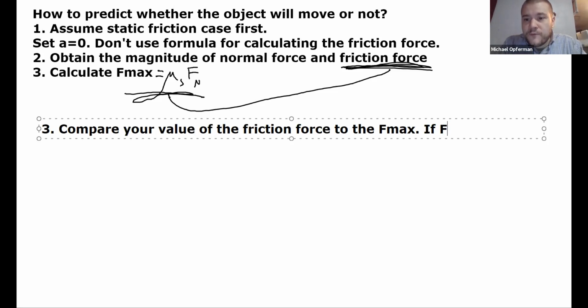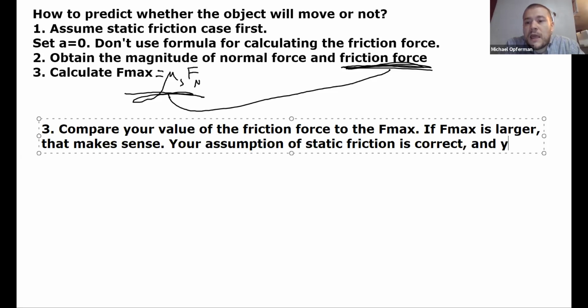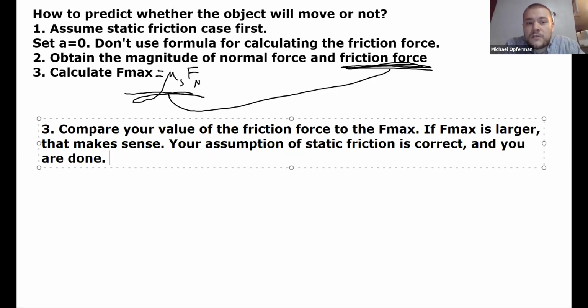If F max is larger, that makes sense, because F max is the largest that value can possibly be. The maximum should be larger than the actual value. So if F max is larger, your assumption of static friction is correct, and you are done. You have solved it correctly.